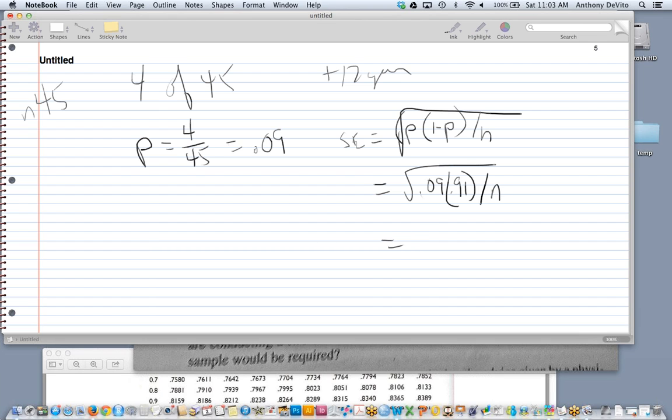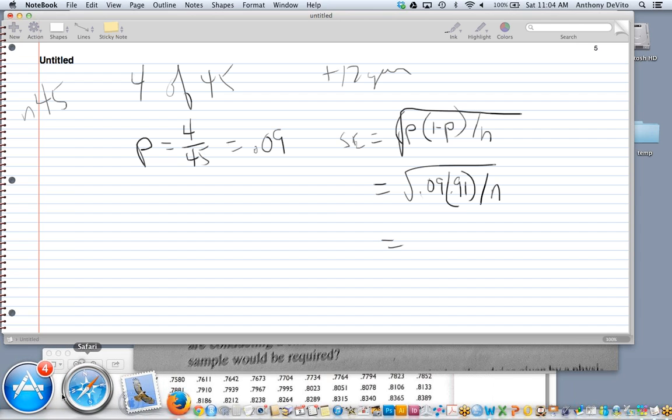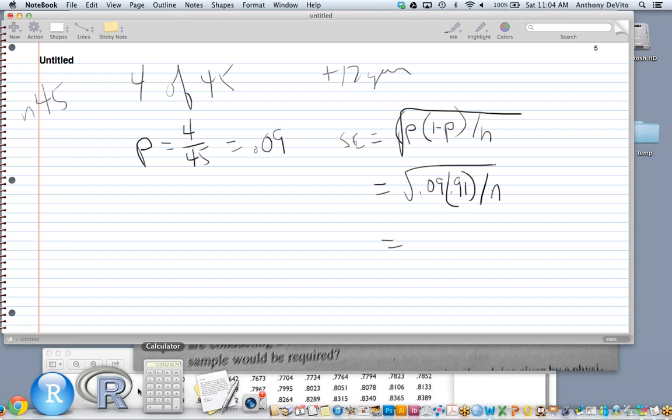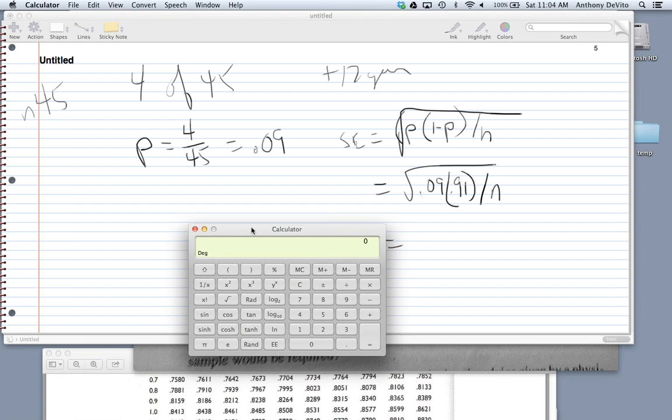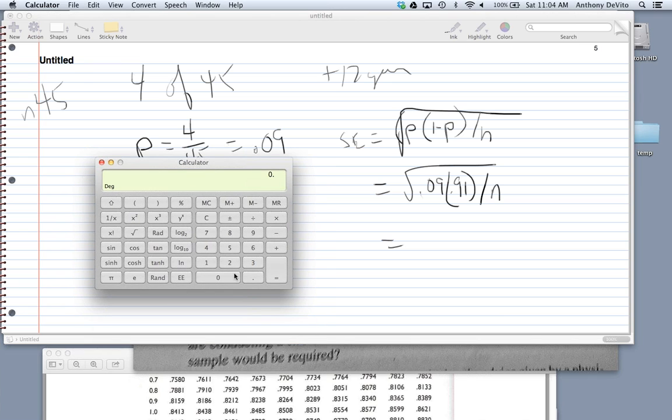So the distribution of those repeated samples is going to be, let's see, 0.09 times 0.91 divided by N, which is 45, equals that, and I'm going to take the square root of that.